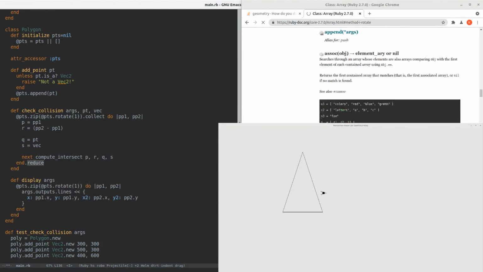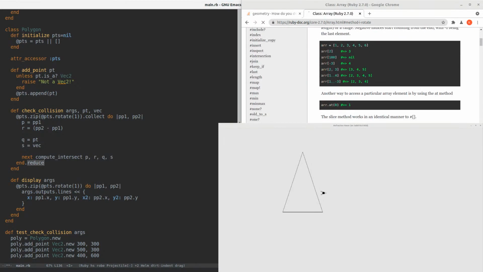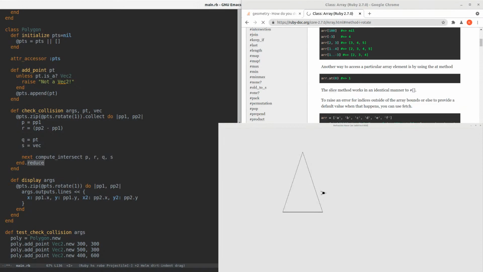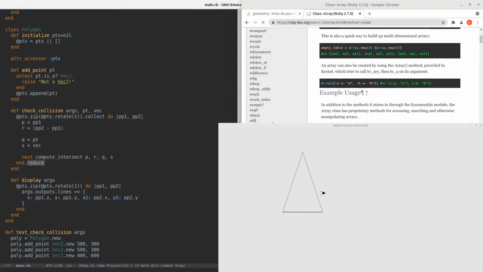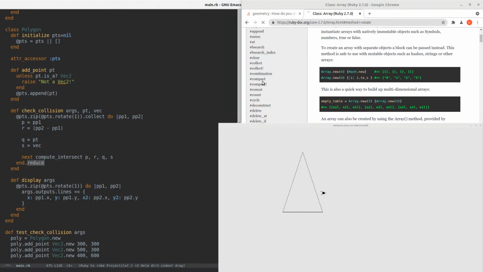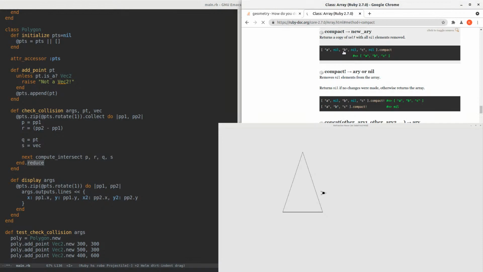Does that sound right? There should be... not reduce. Do you remember what it was called? Compact. Yeah, so this basically gets rid of all the nil values here. So we can just use that.